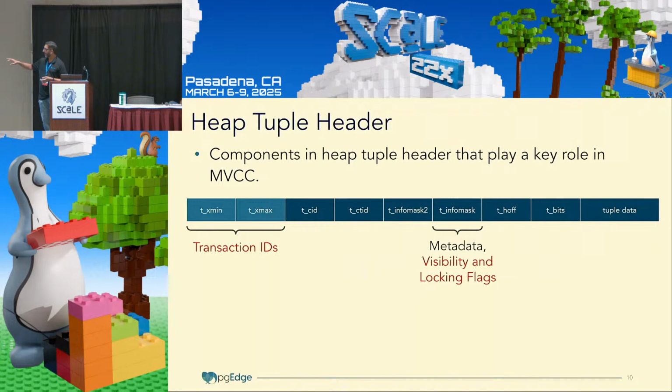If you have xmin, obviously with any tuple that's created, you'll have a valid xmin. And in some cases you might not. With an inserted tuple that's aborted, you might not even have a valid xmin. But say you have a valid inserted tuple, and then you have a transaction that comes in that deletes it, but aborts.